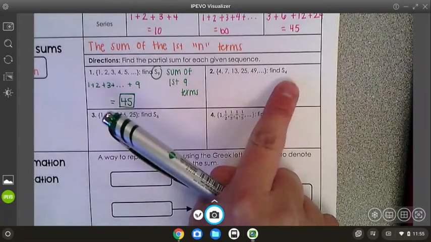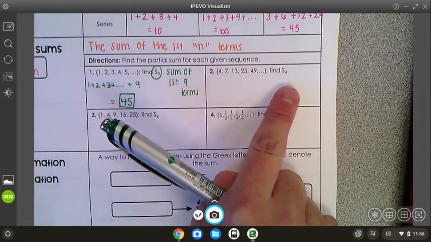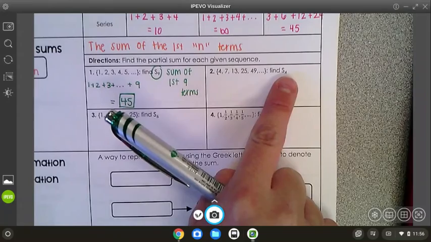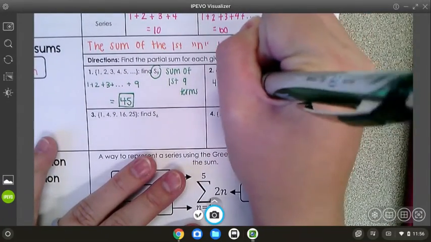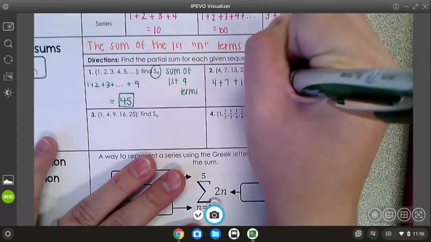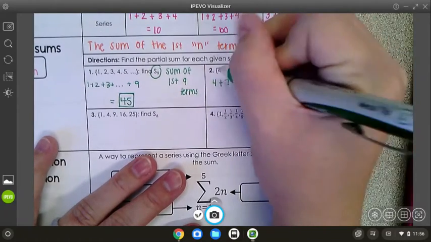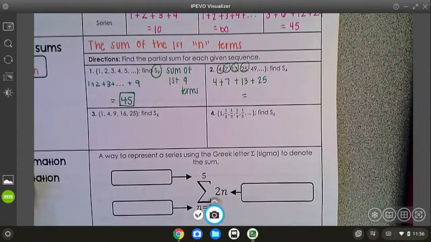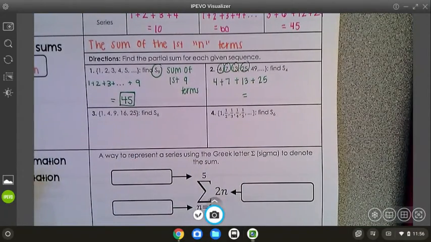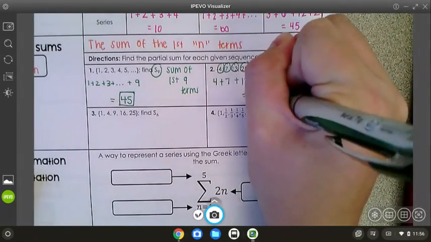So this one is the sum of the first 4 terms. So 4 plus 7 plus 13 plus 25. 1, 2, 3, 4. That is 49.